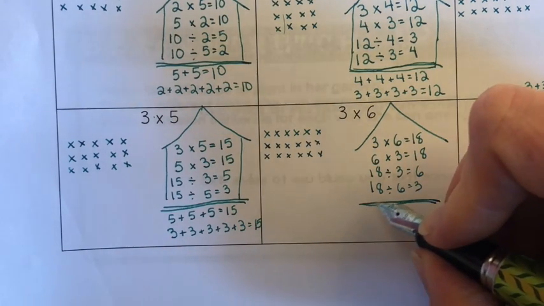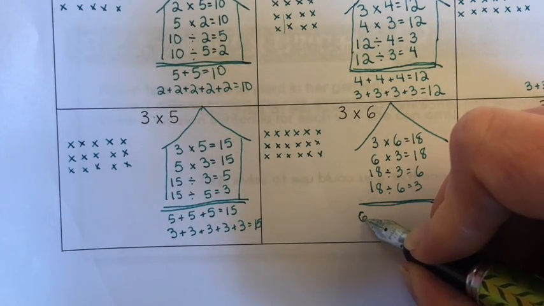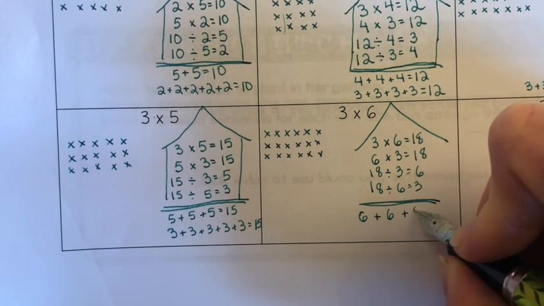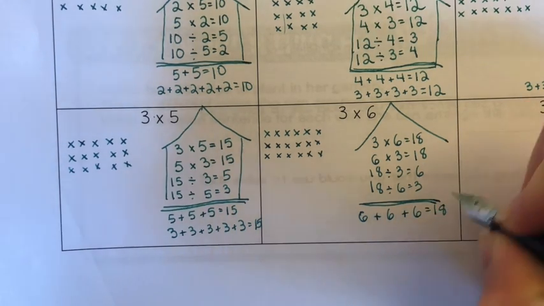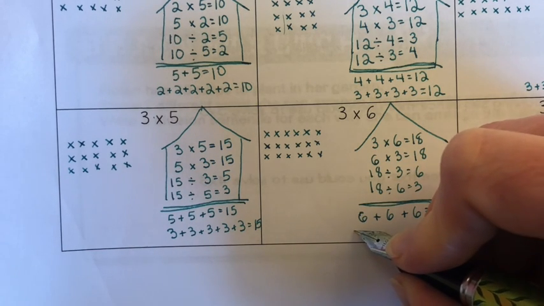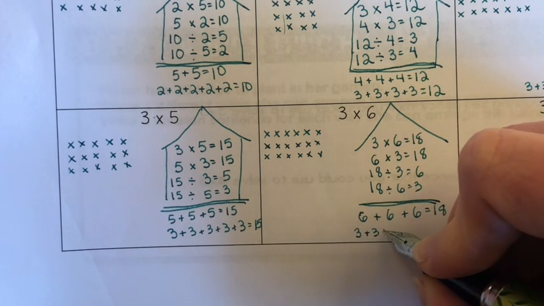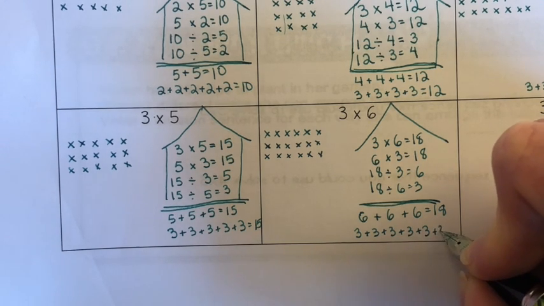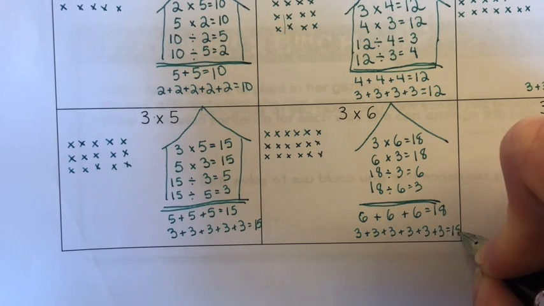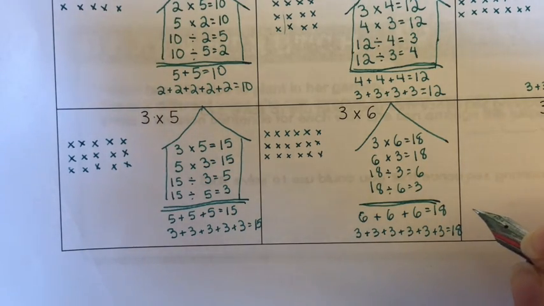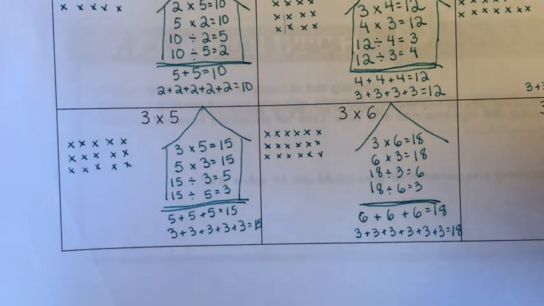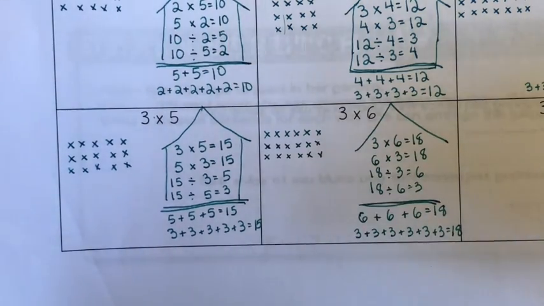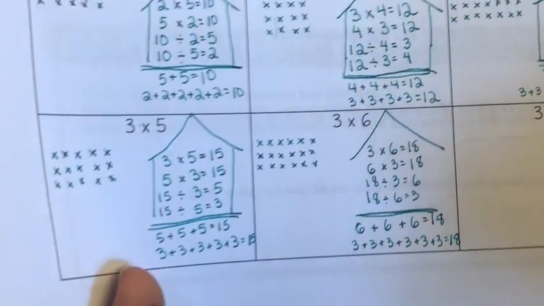So I go 6 plus 6 plus 6 equals 18. And then I have 1, 2, 3, 4, 5, 6 groups of 3, which is also 18. And there you go. I've got these 2 here. That's my fact family for 3 times 6.